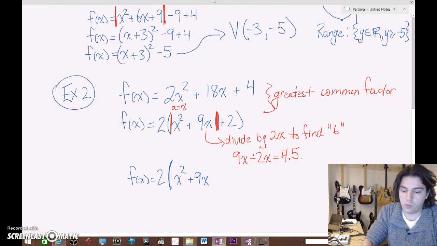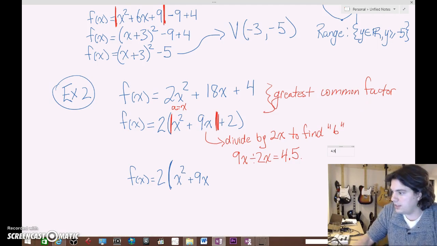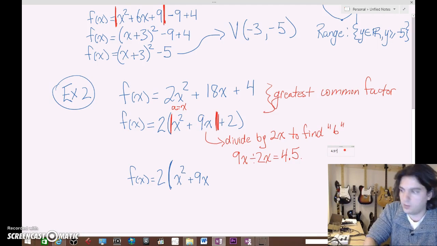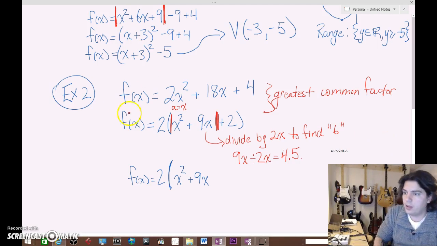Now, I don't know what 4.5 squared is off the top of my head, so I'm going to put that in. I don't know if your keyboard ever does this, but my keyboard sometimes goes to Canadian mode, and I need to change it. Anyway, there we go. 4.5 squared, and the answer to that is 20.25. So x squared plus 9x plus 20.25.